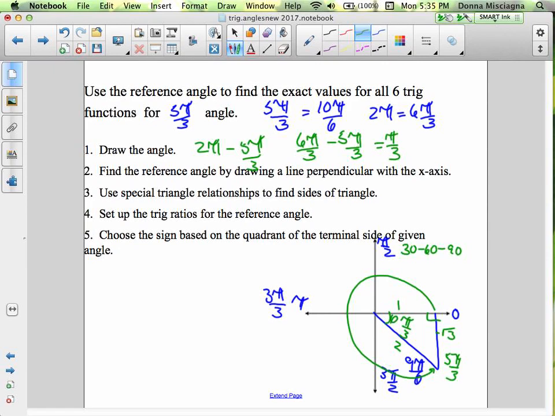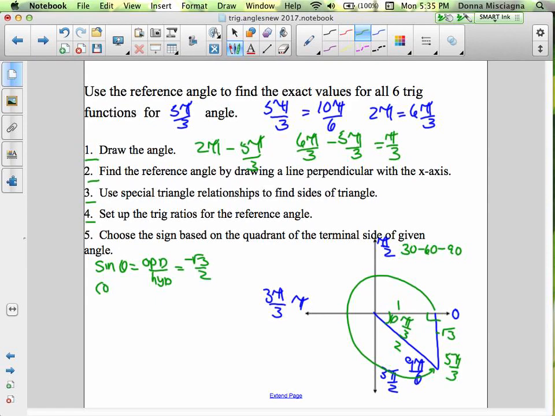Now that we've used a special triangle to find the relationships and the sides of the triangle, all we've got to do is set up the trig ratios. This is the easy part. We've got sine theta, which is opposite over hypotenuse, and that's going to be negative square root of 3 over 2.